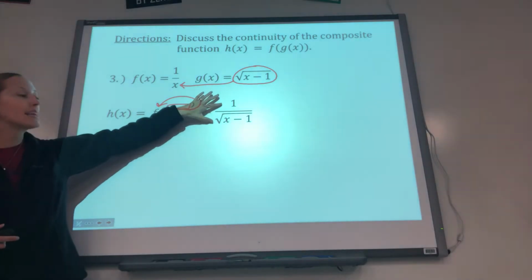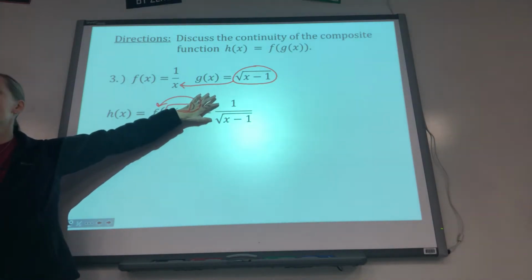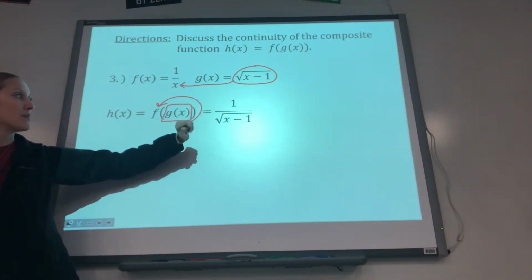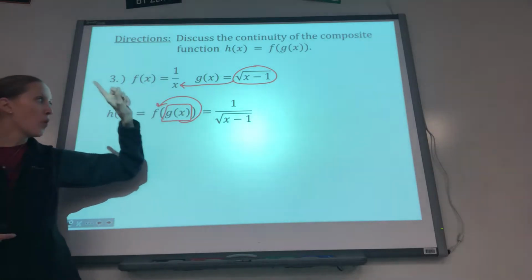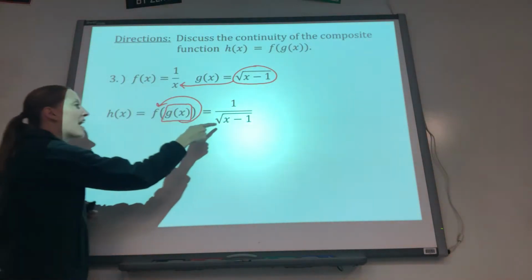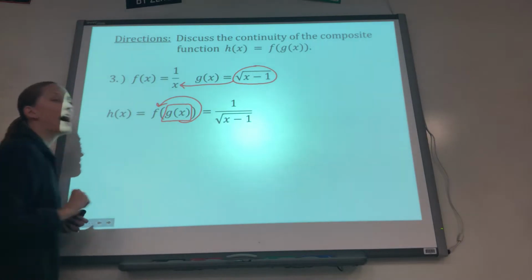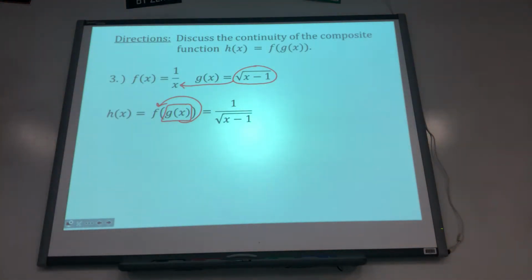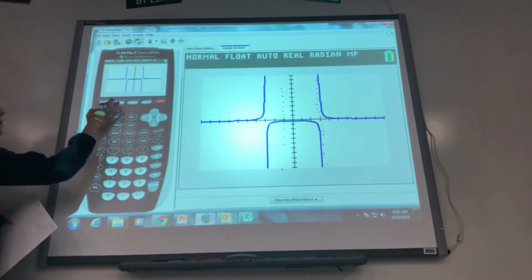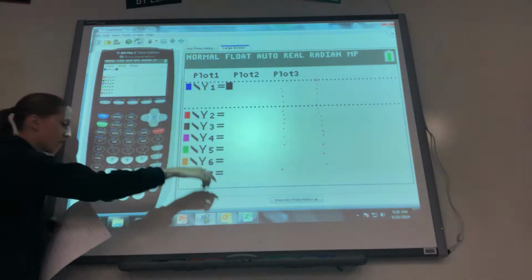Now, just by looking, what is the x value that we should be concerned about? 1. An x value of 1 would make the bottom equal 0. So I like to go through that ahead of time just so I know what to look for on my graph.